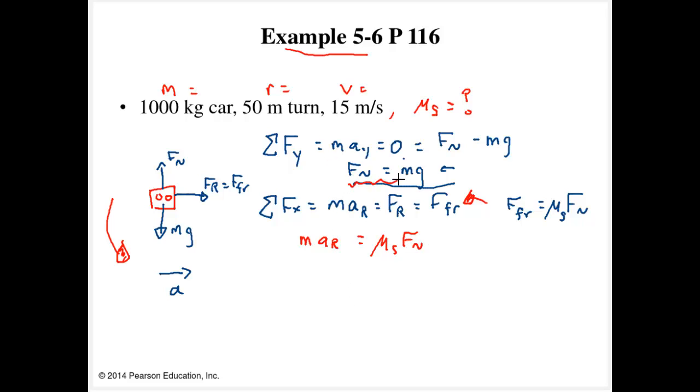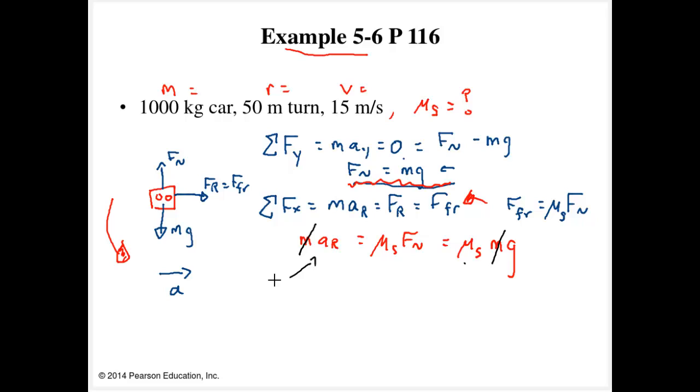I know what my normal force is right here. It's simply the mass multiplied by the gravity. So, and you can see that the mass is going to cancel out. So this problem actually does not depend on mass when I'm calculating for mu sub s.